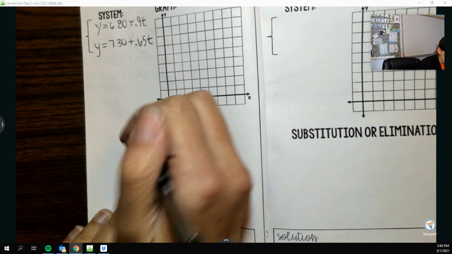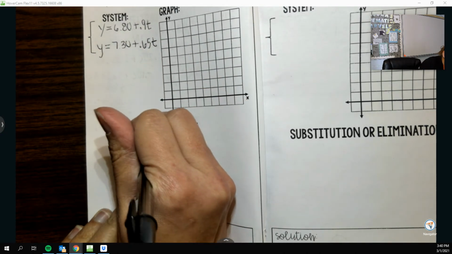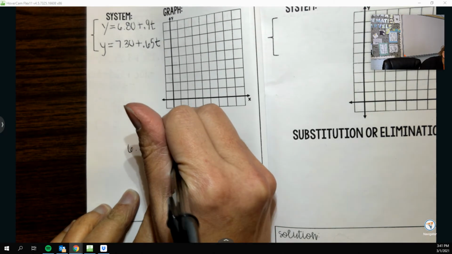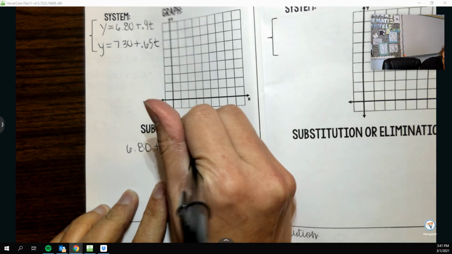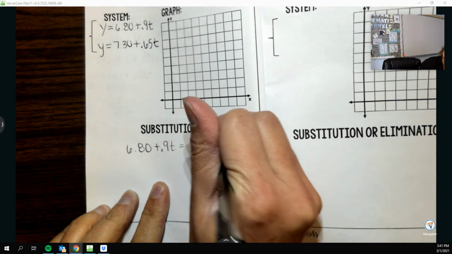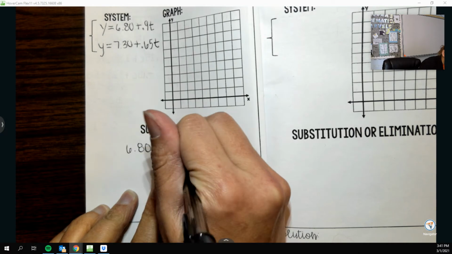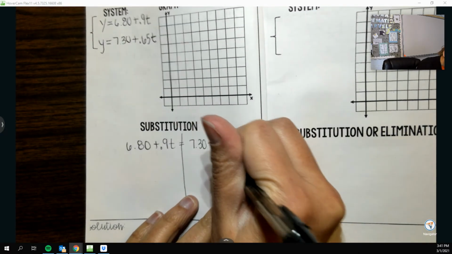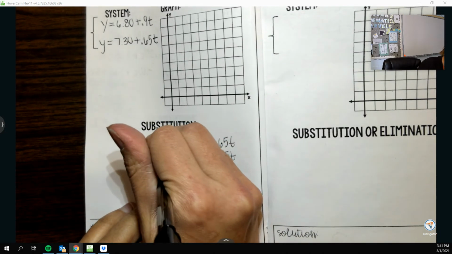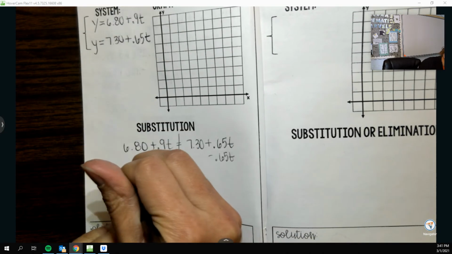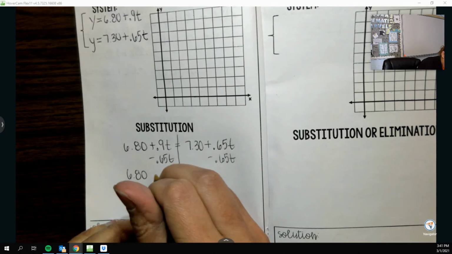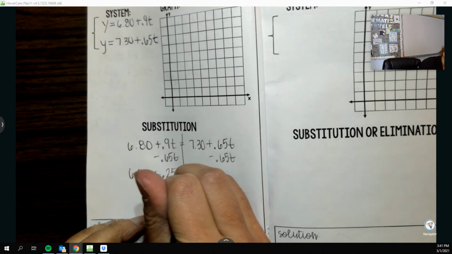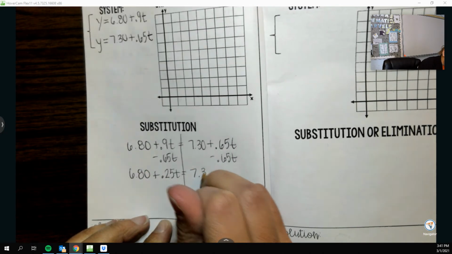Because they're both equal to y, I can set them equal to each other. So I'll have 6.80 plus 0.90t equals 7.30 plus 0.65t. I'm going to want to subtract to get my t's on the same side, and I'm going to subtract the smaller one. So we'll have 6.80 plus 0.25t equals 7.30.